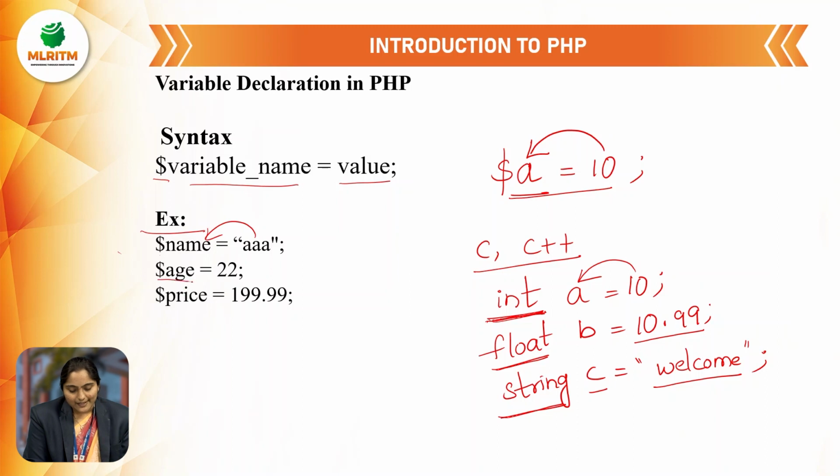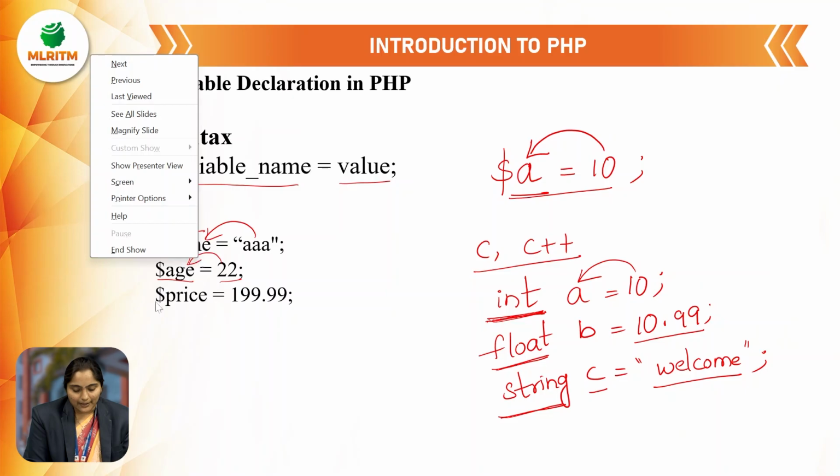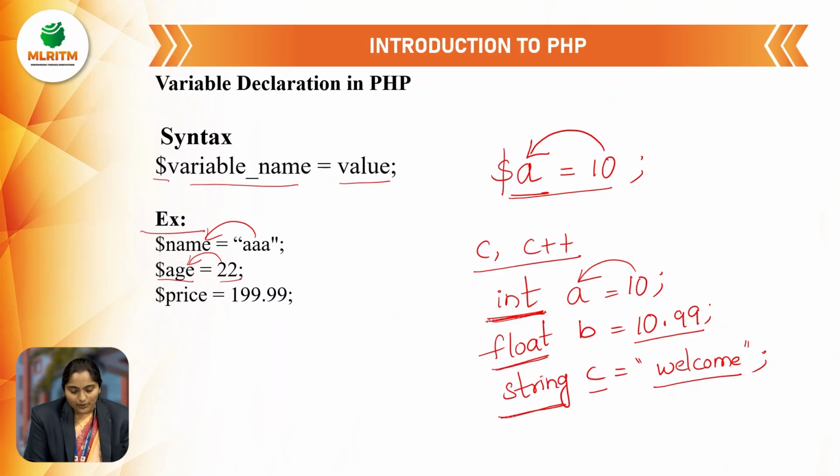And here $age is equal to 22. I'm storing an integer into the variable age, but no need to specify any kind of data type here. And then $price is equal to 199.99. I'm trying to store a floating point value into the variable price.